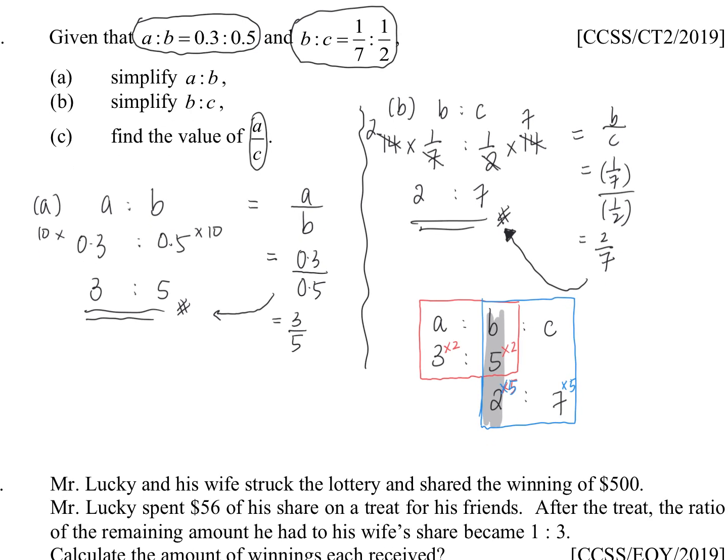Now this one becomes 10, this one becomes 35, and this one becomes 6. So what is the ratio between A and C? It's just 6:35. But they want you to leave it in fraction form, so just give me this as the final answer. If you are comparing three things, make sure you make the overlapping one the same.